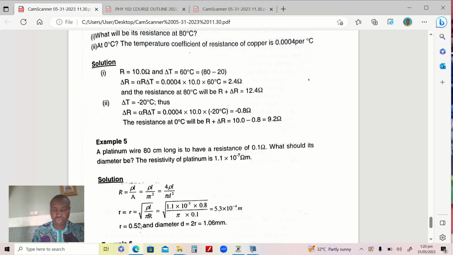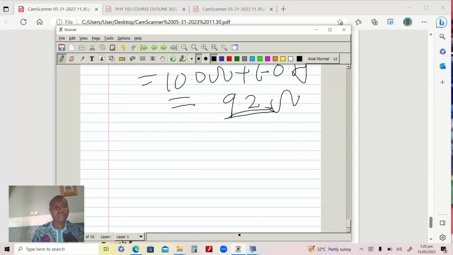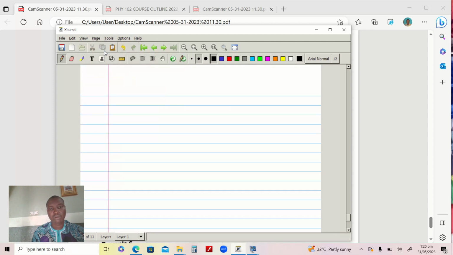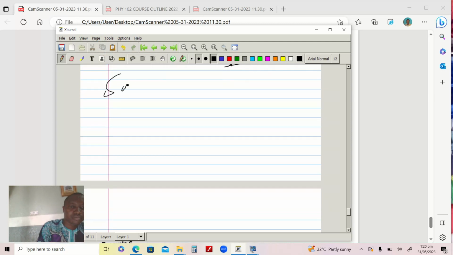So we come to our sheet now. All right, let me get a new page, please. Okay. So, for the platinum wire, don't forget that we said resistance is equal to rho L divided by area. I think we wrote this together the other time.